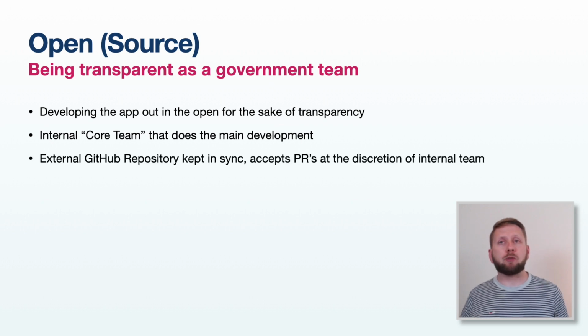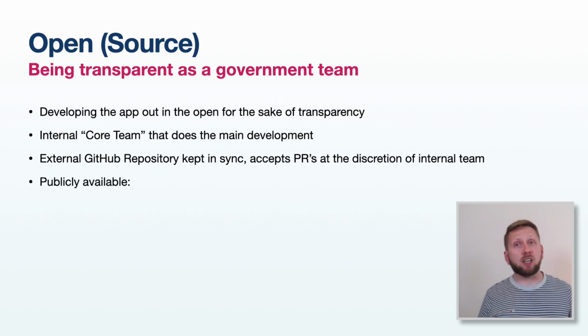To show that, we kept external GitHub repositories in sync with our own local repositories, which means that we have actually 2 repositories that we sync up every now and then to make sure that the outside world is seeing what we're doing inside, but also to give people from the outside the opportunity to make pull requests on that GitHub repository that we then include in our own local repository again. So we are actually open source, but we still have a main team that is working on the app.